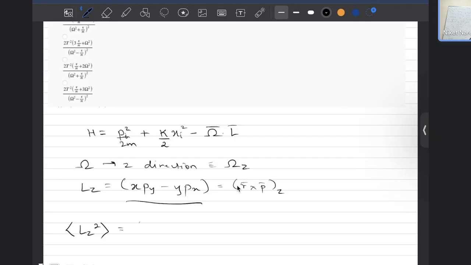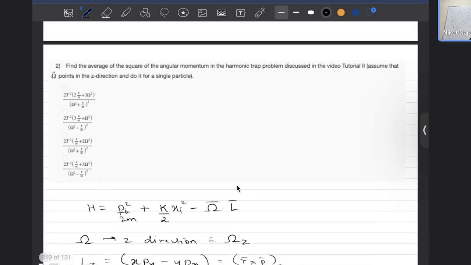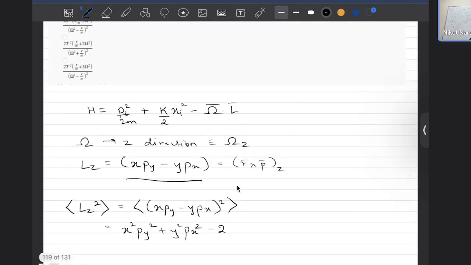So this is the expectation value of (x py minus y px) whole square, which is equal to x square py square plus y square px square minus 2 x py y px.